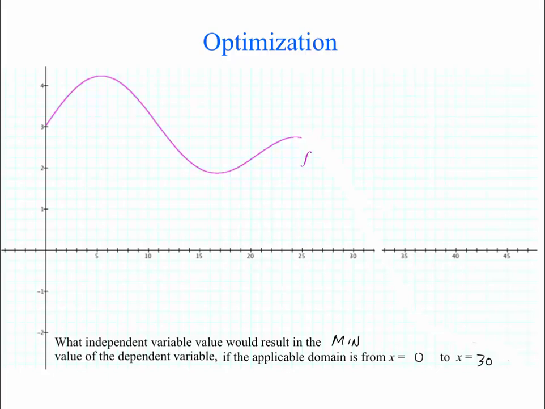So when it's not a local min or a local max, are you noticing where that maximum or that minimum is? Do you see that it's at the end? So it either has to be at a local max or local min, or the other possibility would be it's just at the start or the end of the domain. Okay? So that's all the examples showed that.